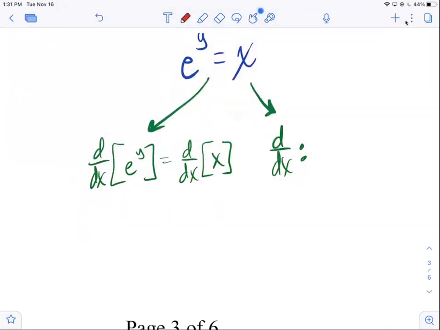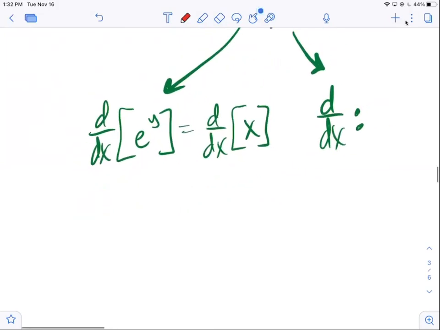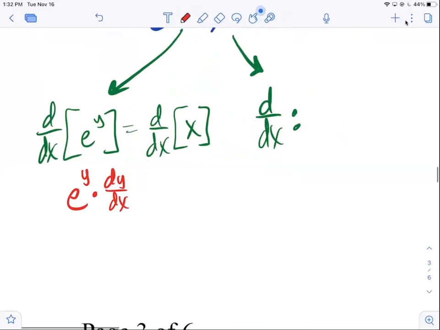What would be the derivative of e to the y with respect to x? e to the y itself times dy/dx times the natural log of e, right? If you want to just go through that in your head, which we don't need, because it's 1, times the chain rule dy/dx. Boom. So that would go over here as well.